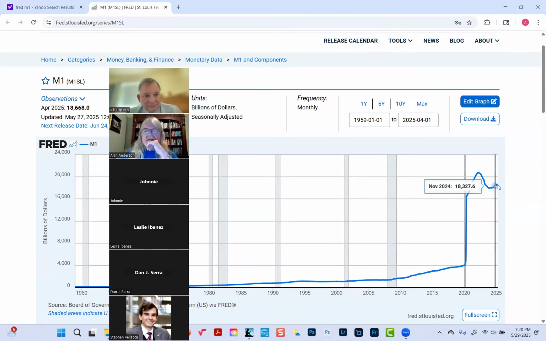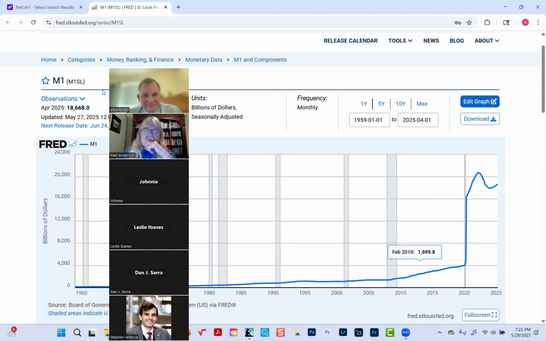But according to this, M1, which for all practical purposes is currency in circulation plus checking deposits, is about $18 trillion. Does that sound like a lot of money? Yeah, it is. Considering that's maybe two-thirds of the size of the economy, that's a pretty nice chunk of change.